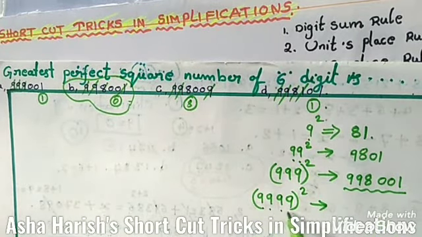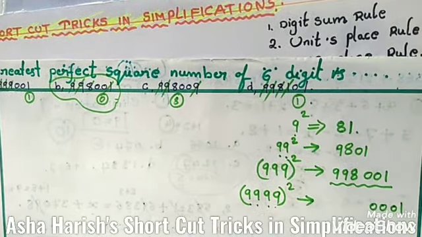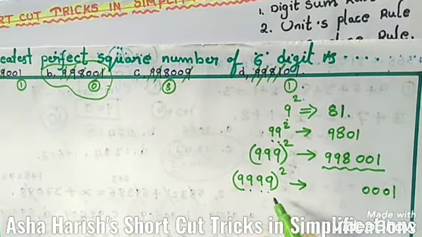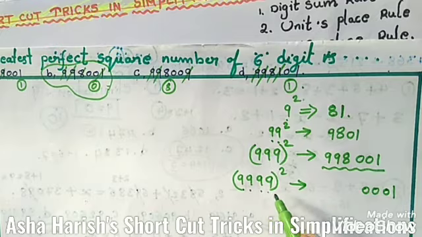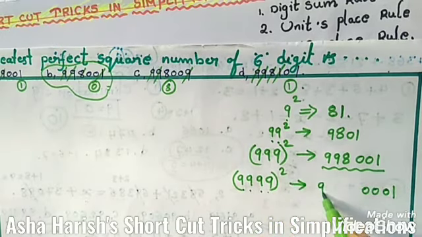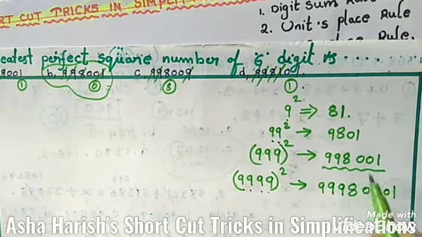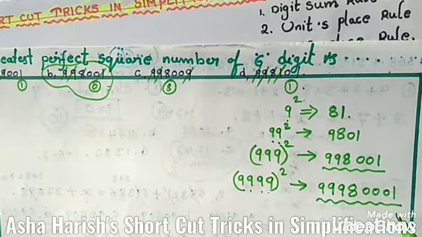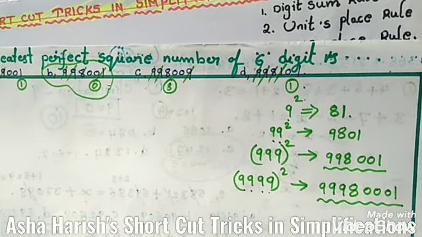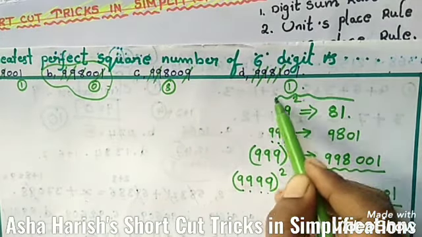Here 4 digits, so 0001, and that 1 should be subtracted from these 9s. So 9998. Okay, this is the basic trick you have to remember.